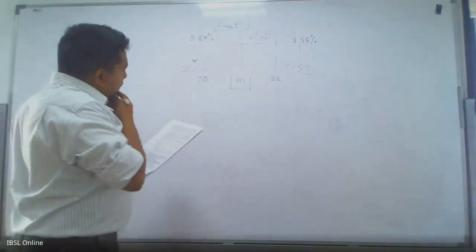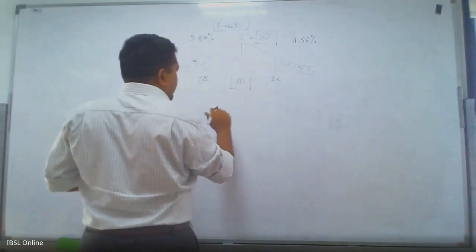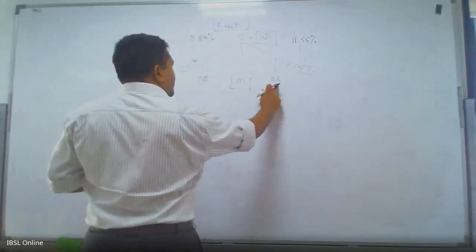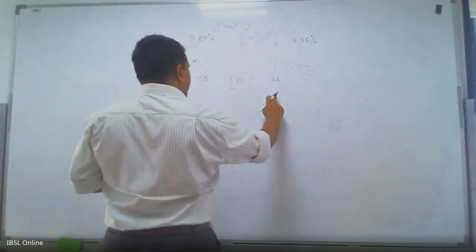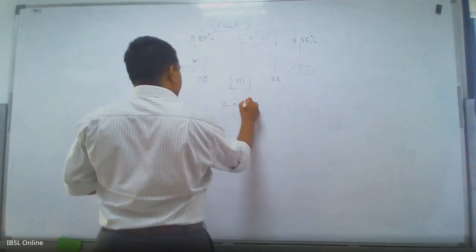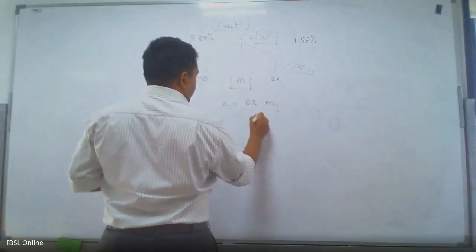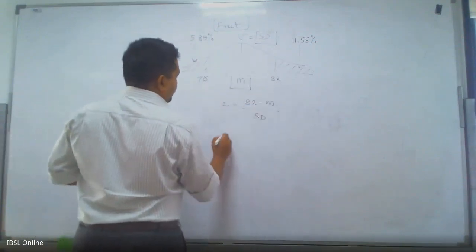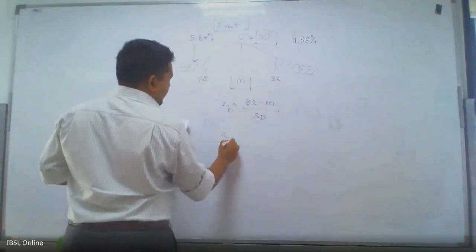Okay. For the first one, 82, I will write the Z form and see whether I can find any such relationship. If I want to get this Z value here, I have to write Z should be equal to 82 minus m divided by the standard deviation. For this side also, Z at 78.